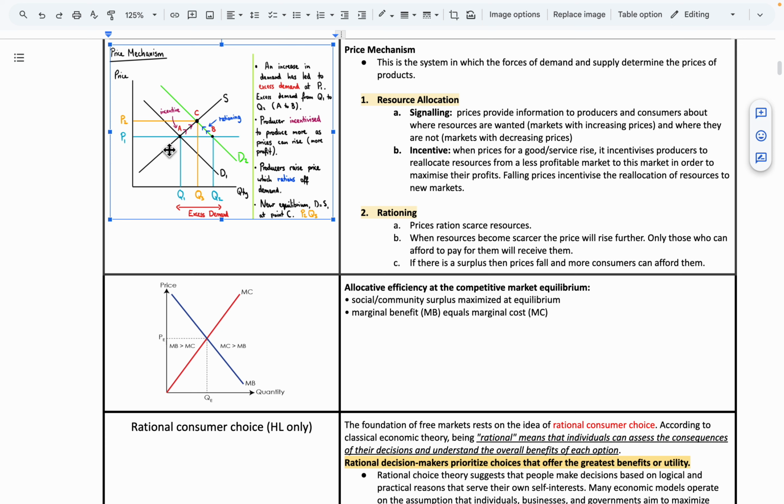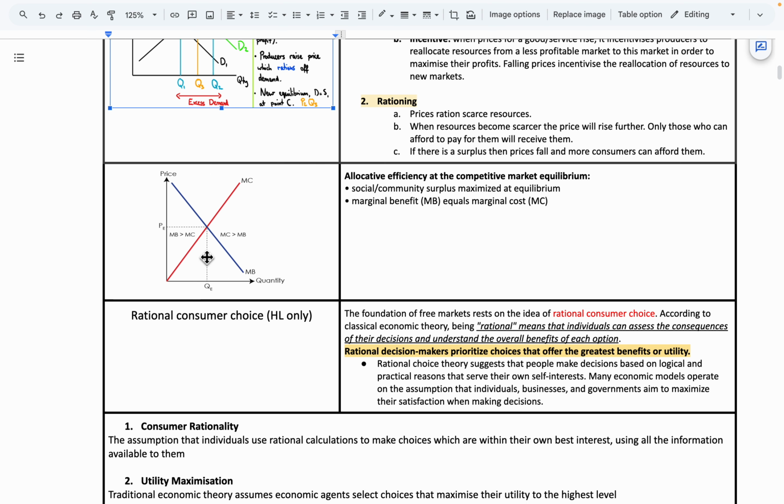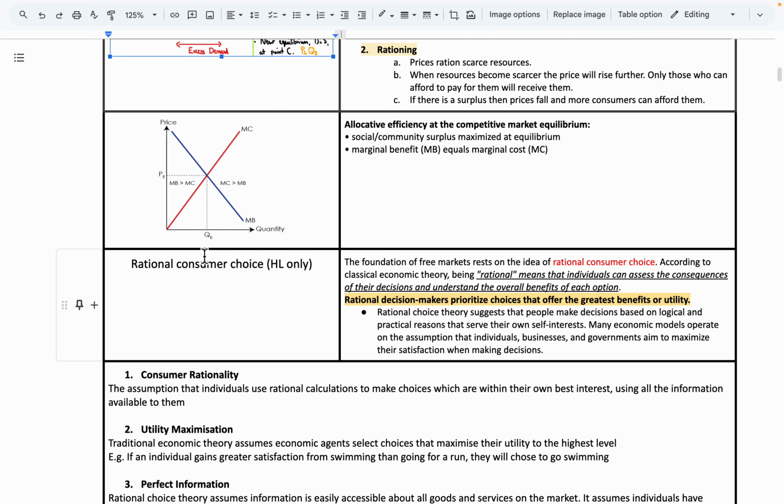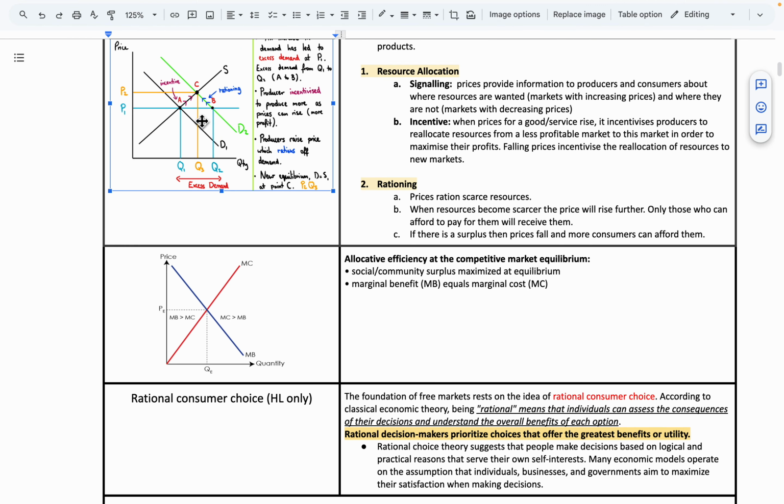So essentially what I'm trying to say here is when it's at A, there's an excess of demand, so that's why they would get incentivized to, hey, let me just make it pricier because why not? And then this is rationing. They're like, oh no, not a lot of people really want it now. And stuff like that. Oh no, this is like a lot of people want it.